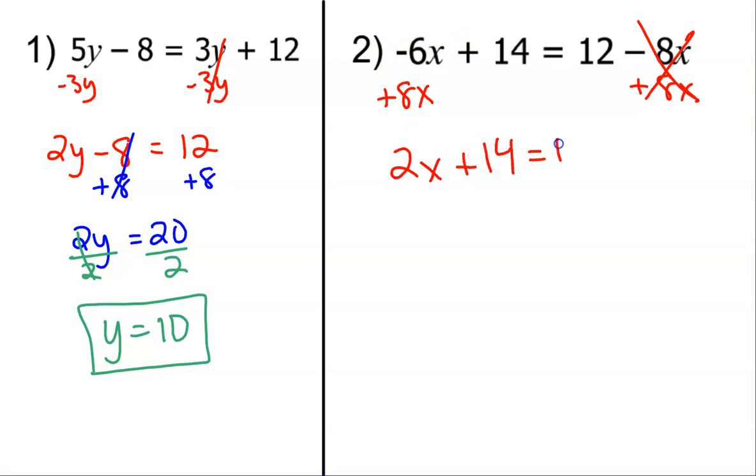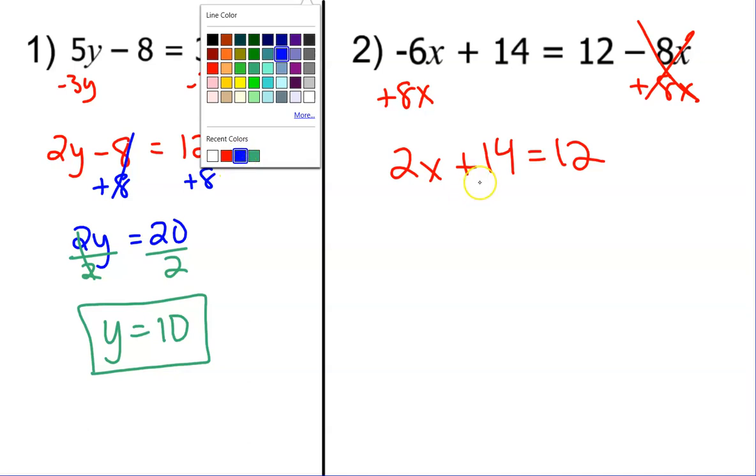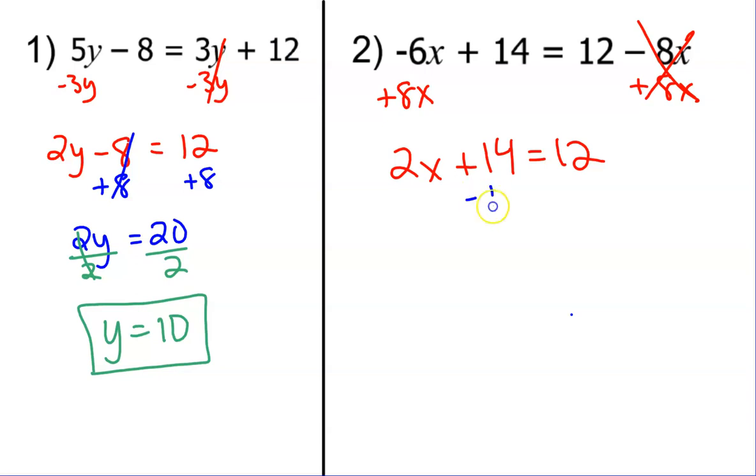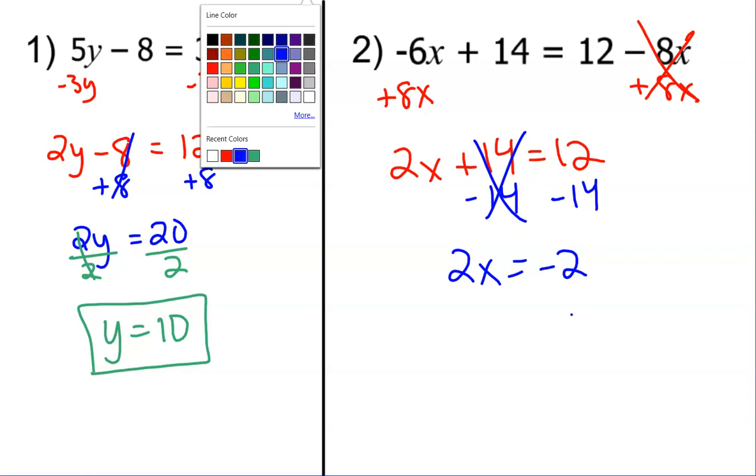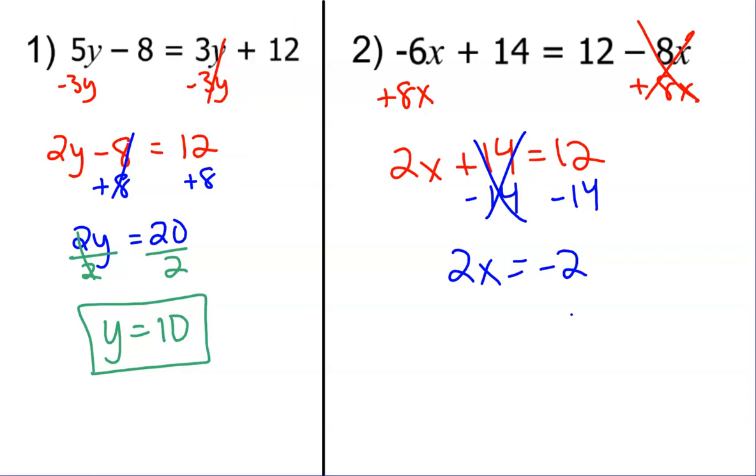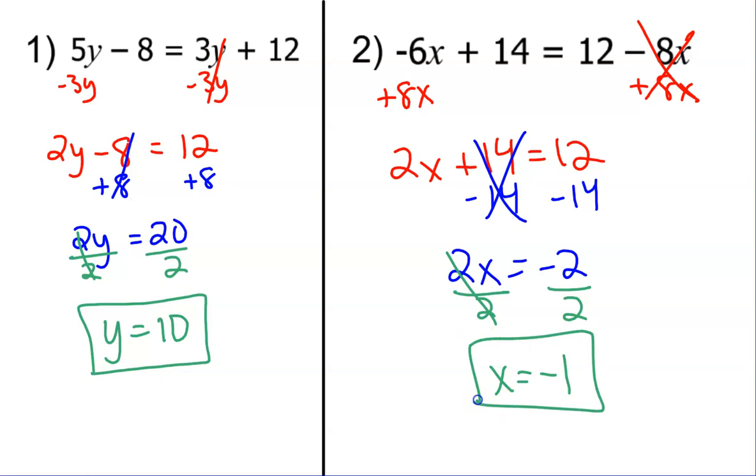Nothing else changed because I didn't move anything else. From here, right now I'm adding 14, so to move it over, I have to subtract 14. Now that's gone. We have 2x is equal to 12 minus 14, which is negative 2. Last thing, x is being multiplied by 2, so to move it over, I'm going to divide. So we get x is equal to negative 1.